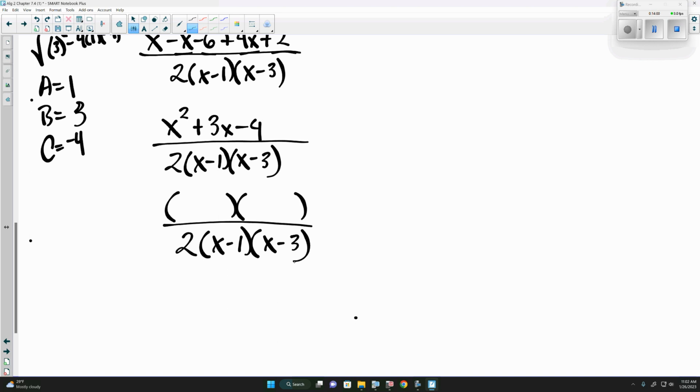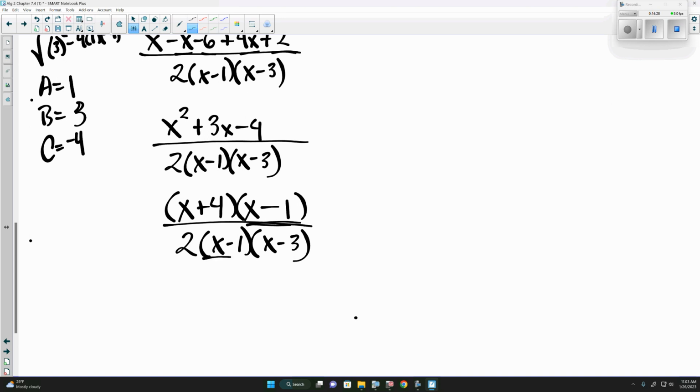Since the 4 is negative, our signs are opposite. One's going to be positive, one's negative. Factors of x squared are x and x. Now the factors of 4 are 1 and 4 or 2 and 2. Which one will we probably need? 1 and 4, and the 4 would be positive, and the 1 is negative. Because once we factor this, what do we have here?